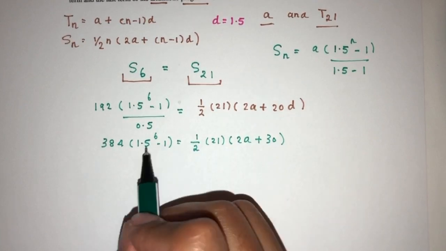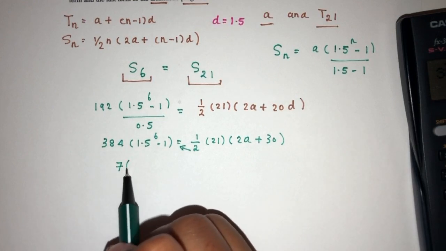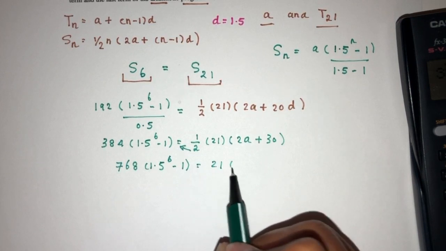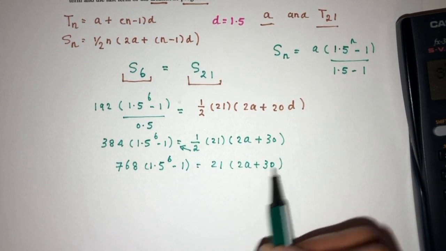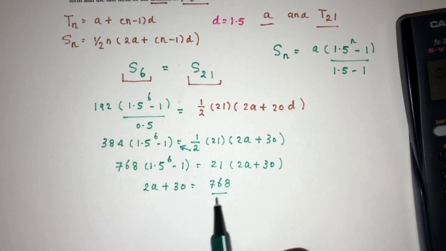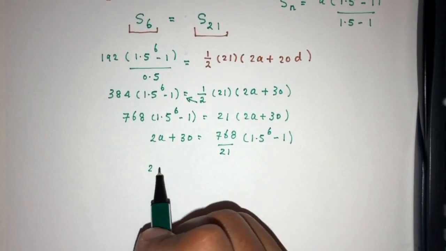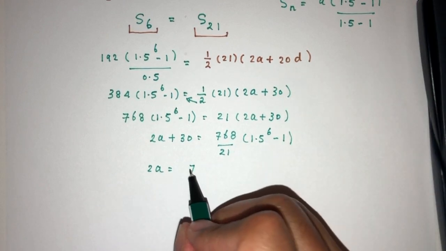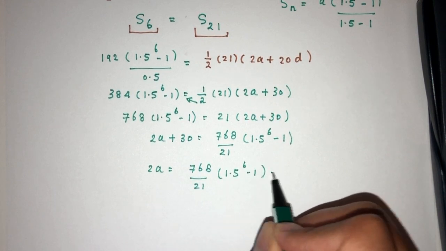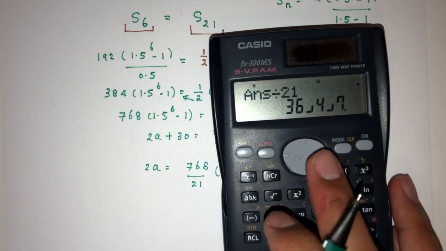So we can multiply by 2. Over here you will have 384 times 2, that should be 768. Then 21 times 2a plus 30. So 2a plus 30 will be 768 divided by 21 times 1.5 to the power 6 minus 1. And then 2a will be all this minus 30.